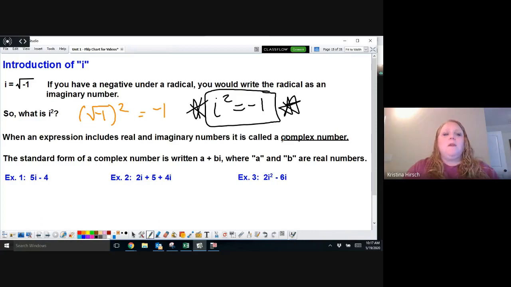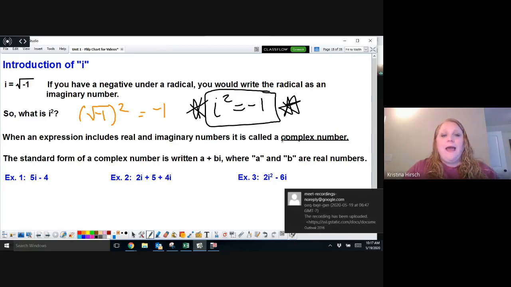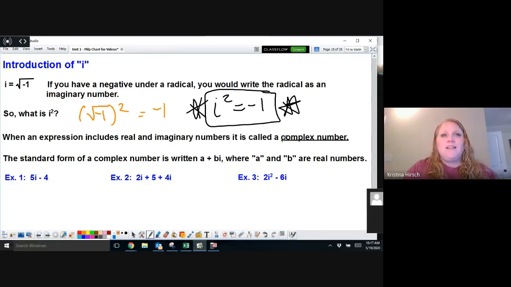Pi is a real number. Even if it's not rational, that's okay. It can be rational, it can be irrational. Those are all still real numbers. The square root of 7, that's a real number. The only time it's not a real number is if it's a negative that's under the radical, which would be rewritten to include an I. If it has the I or can be rewritten with an I, then that's imaginary.